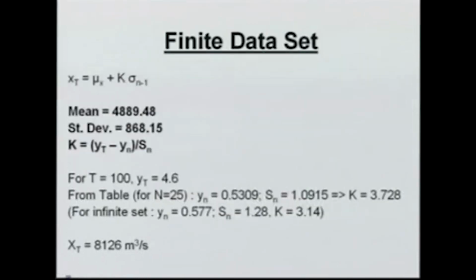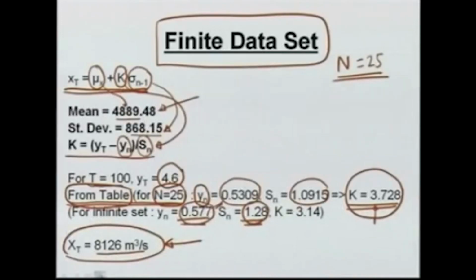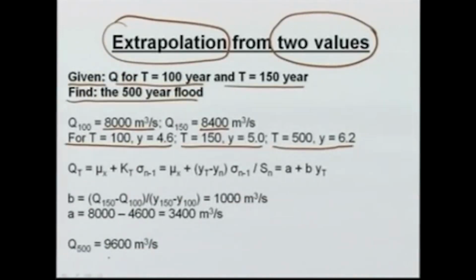So, using this 6.2 we could have extrapolated this value and obtained, say 6.2 will be somewhere here. So, we can see that it will be close to about 9500 or so, but using the calculations also we can look at how to compute this.